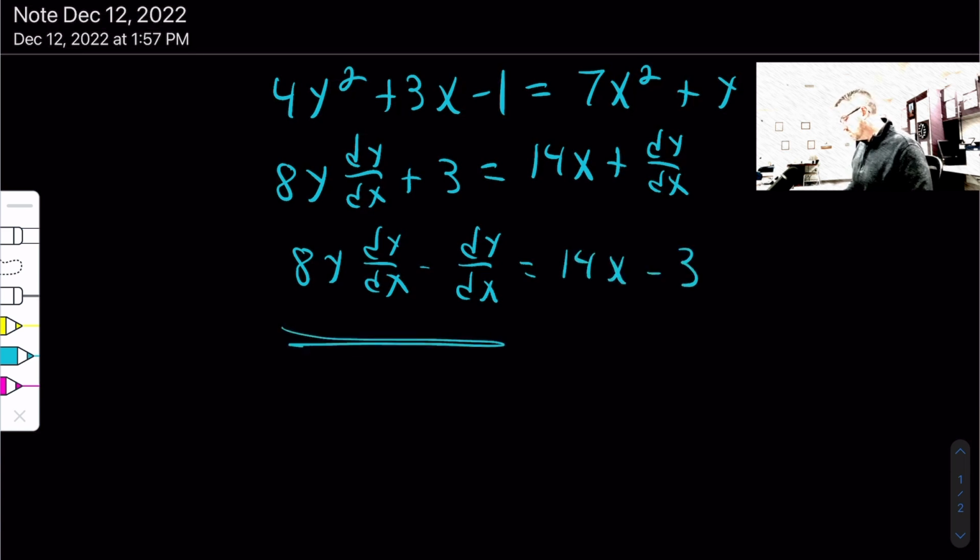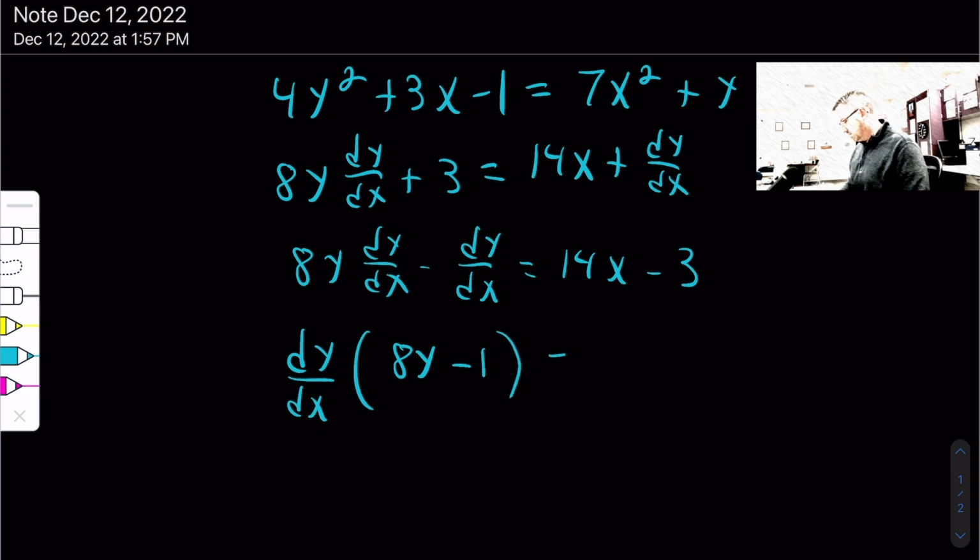Now these two terms on this side of the equation both have a dy dx in them, so I can factor out dy dx. That gives me 8y minus, well, dy dx multiplied by what gives me dy dx? Just 1.